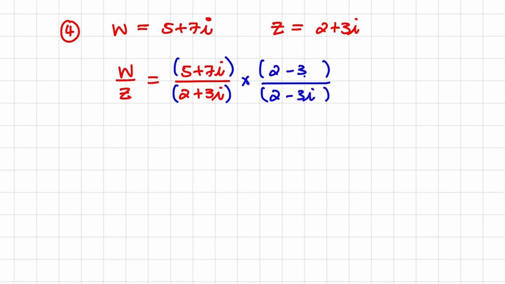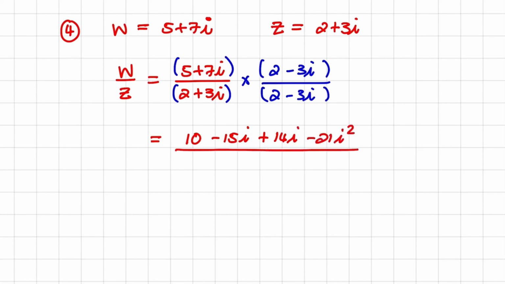So that is 2 minus 3i. And if I expand in the numerator, I have 5 times 2, which is 10, minus 15i plus 14i minus 21i squared, over 4 minus 6i plus 6i minus 9i squared.